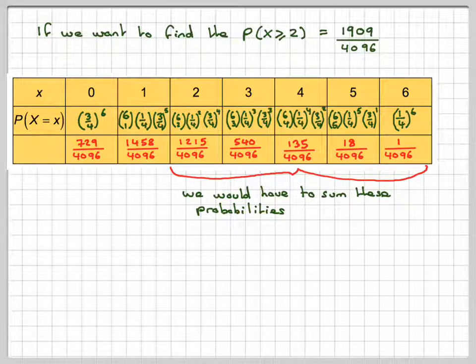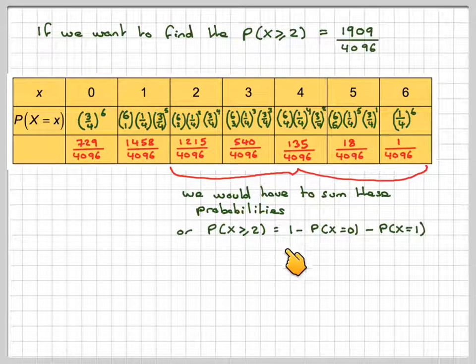But can you find an easier way of doing it? Well, yes, because we can say the probability that X is greater than or equal to 2 is 1 minus the probability X is equal to 0 minus the probability X is equal to 1, because all these probabilities add up to 1. So if we subtract those from 1, we will get that number.